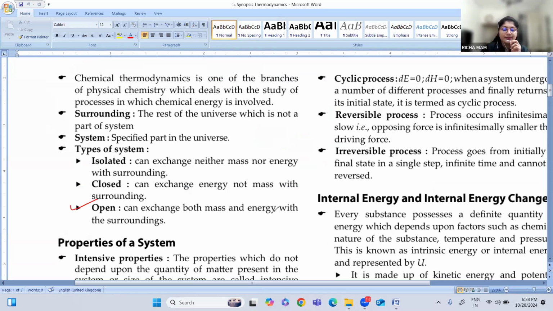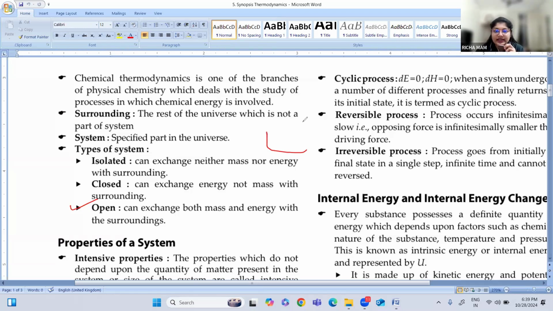So what can be an example of an open system? Steam turbine, water in an open beaker. Yes, very good.